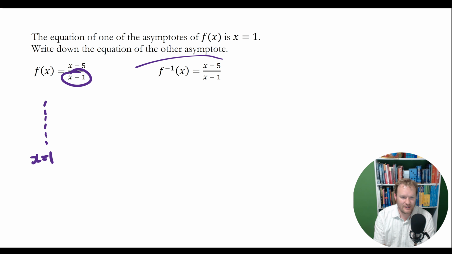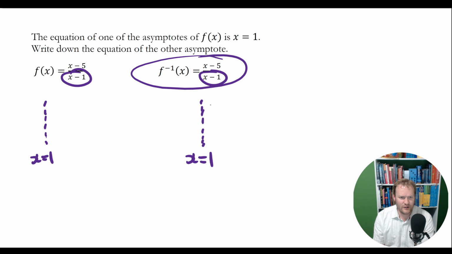Now, I've put for reference here that we already know what the inverse function is, which means for the inverse function, we know that there is an asymptote at x equals 1. There it is. Now, remember, for inverses and functions, they are a reflection about the line y equals x, and that idea of what's x is y is x idea.